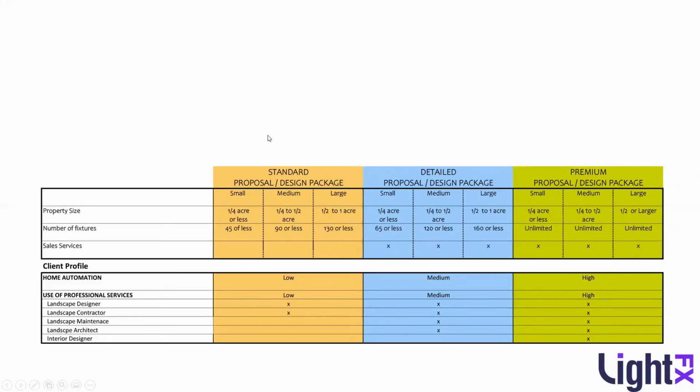What I've done is break this down into various types of projects: the standard project, more of a low-end project, a medium-sized project, and a premium project. The one that you saw was the premium. Then I identify the target clients for these types of offers.